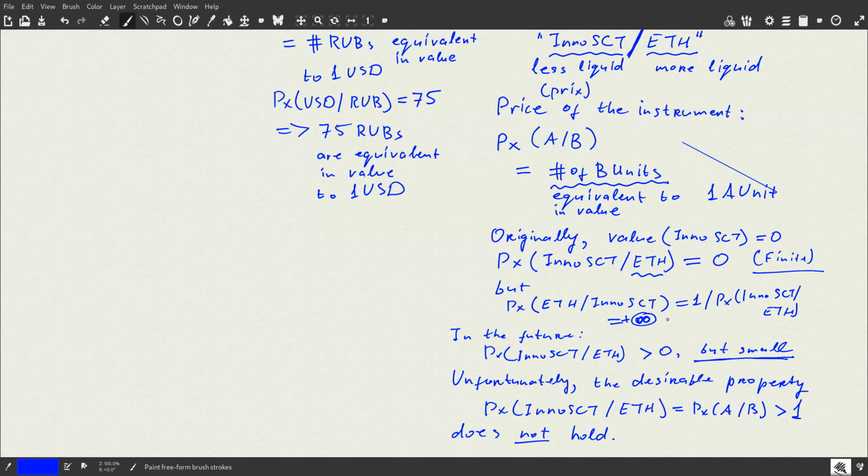So I definitely don't want this. And because I don't want infinite prices to occur, I select this way. So INCT is A and Ethereum is B in this case. I hope it should be clear now why we do it this way.